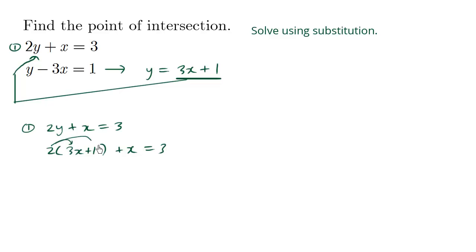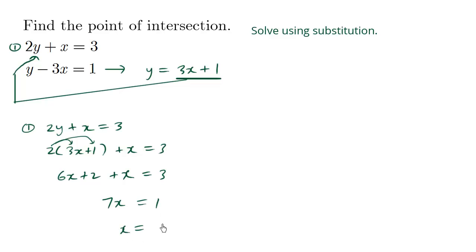And using distribution, 2 times 3x is 6x, 2 times 1 is positive 2, plus x equals 3. 6x plus x is 7x, and here the 3 minus 2, this positive 2 becomes a minus 2, becomes 1.